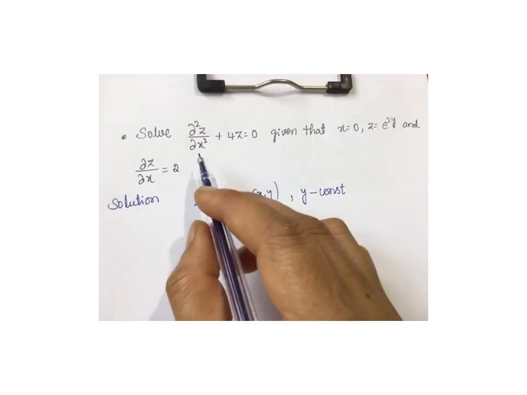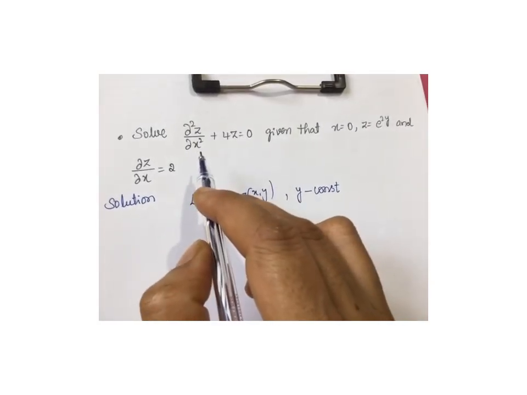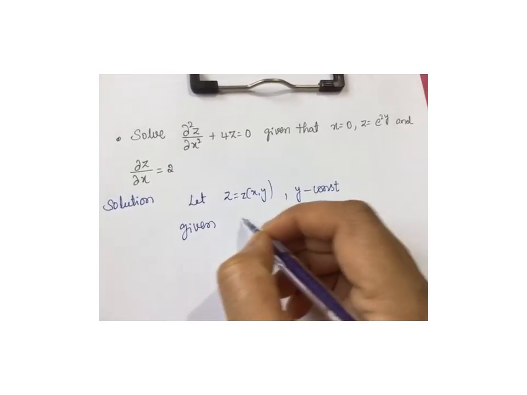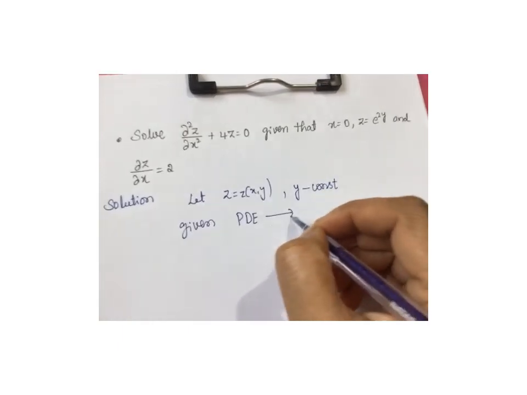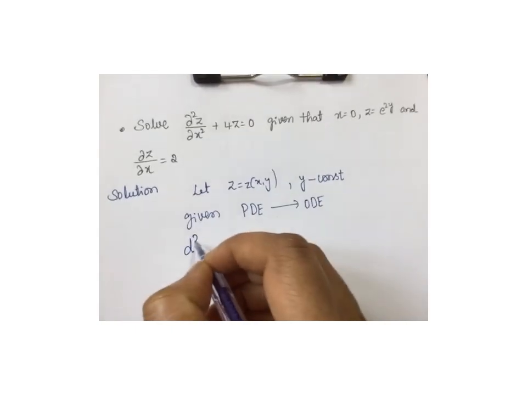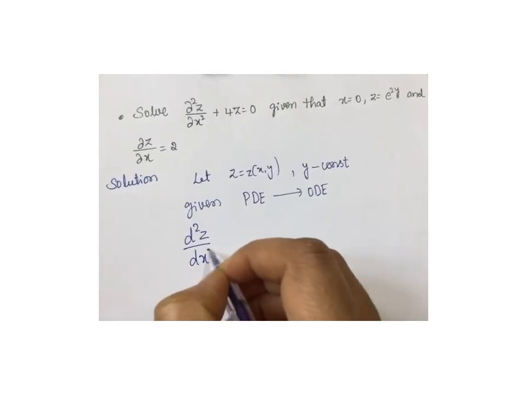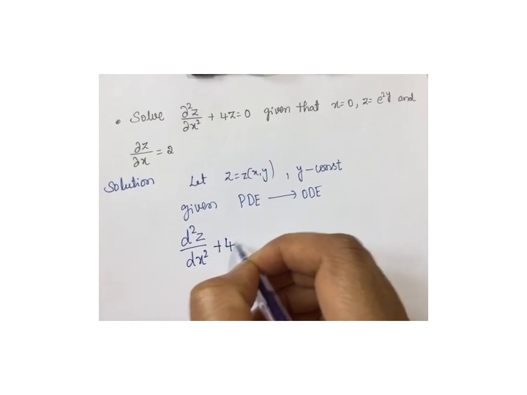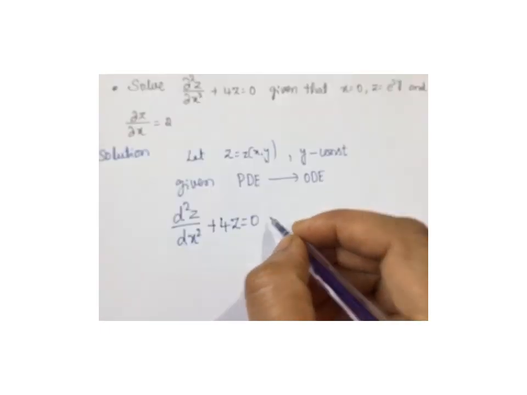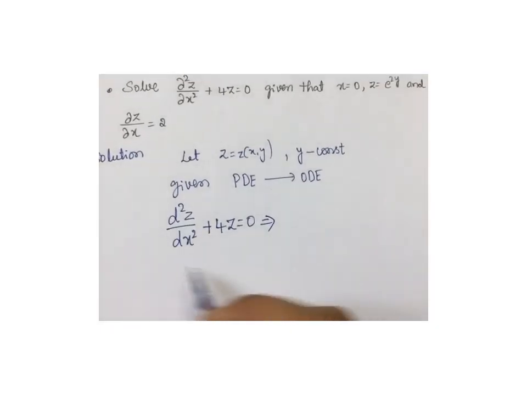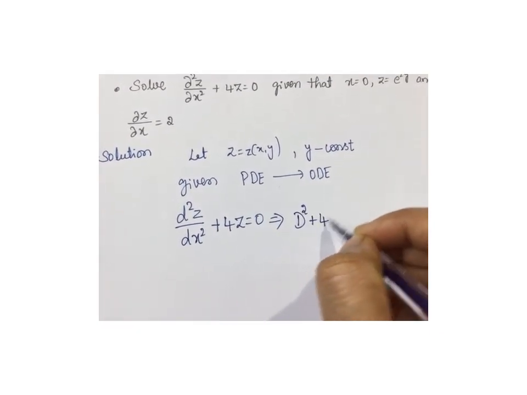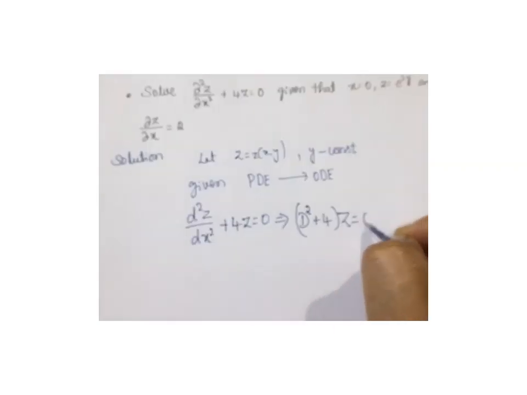Since the x derivative contains only the independent variable x, the given PDE can be transformed to an ODE. So we write d²z/dx² + 4z = 0. Then you know the solving method. In symbolic form, this is (D² + 4)z = 0.